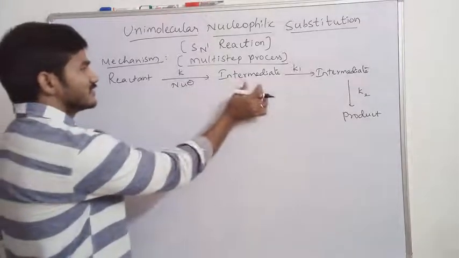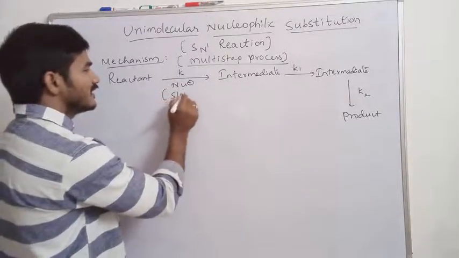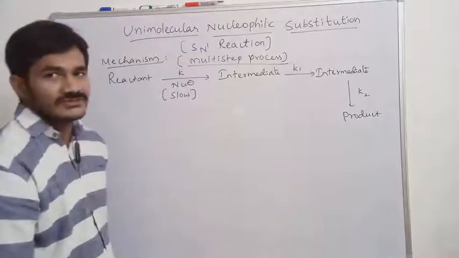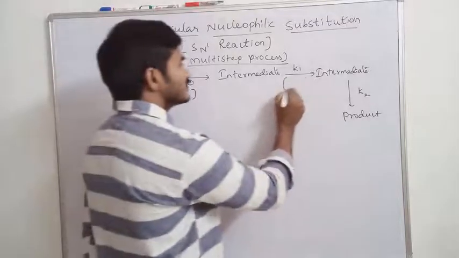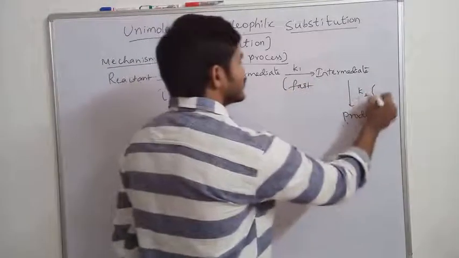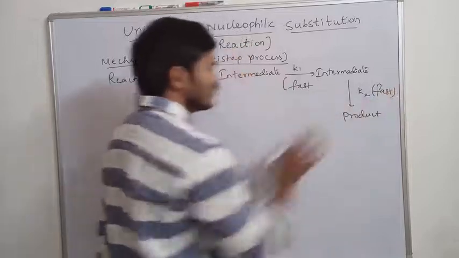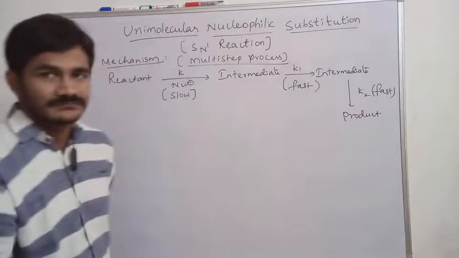The reactant is converted into the first intermediate. This is a slow step, which is nothing but the rate determining step. The next two steps are fast, and they form the final product.